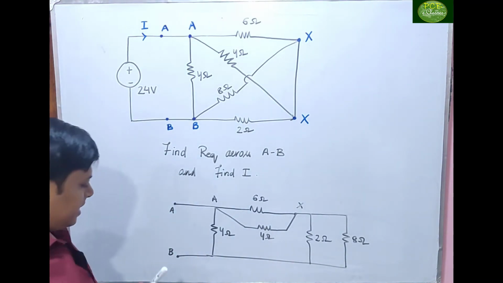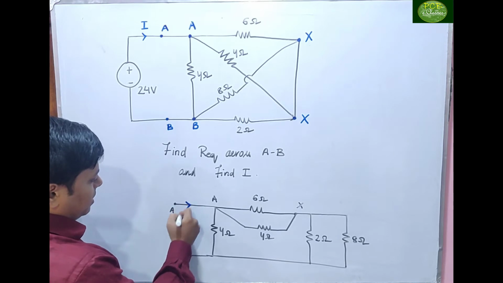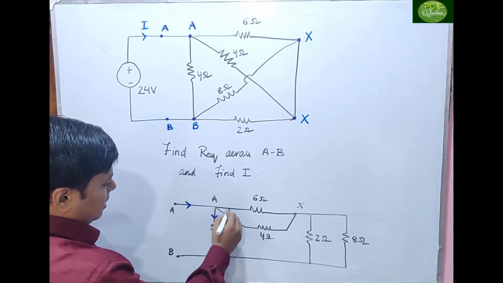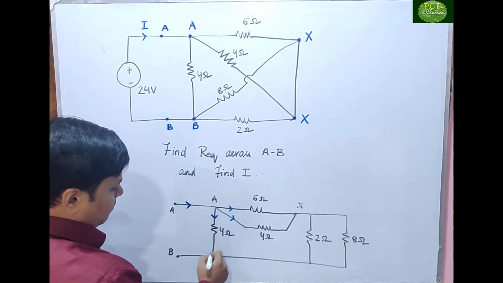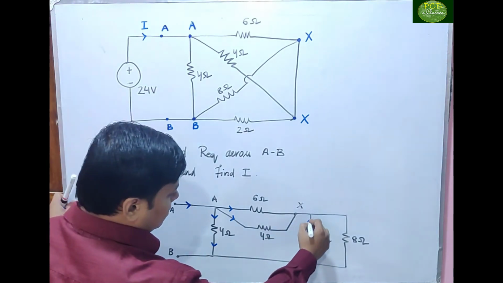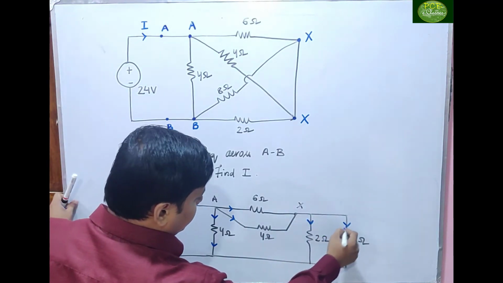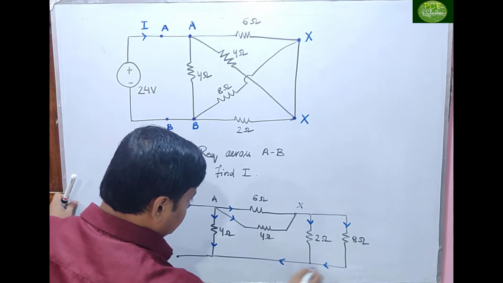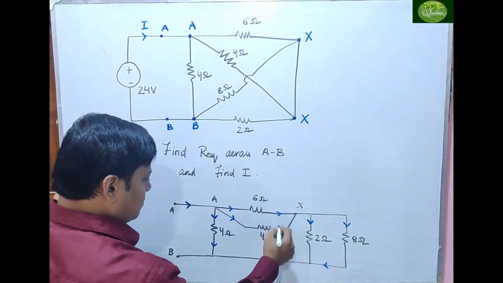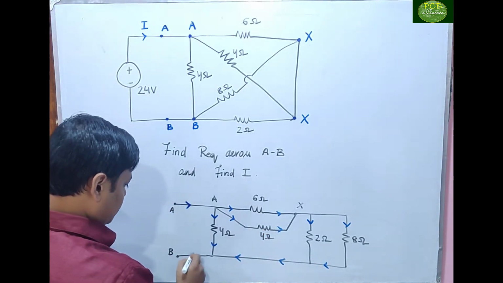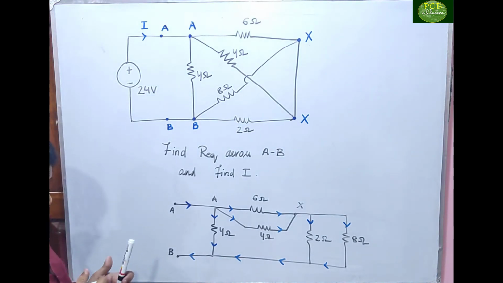Now I will give the current direction. So if the current is approaching in this way, then the current will be definitely divided. Fine. Similarly, the current here will be divided. Clear? So this will be the current direction.